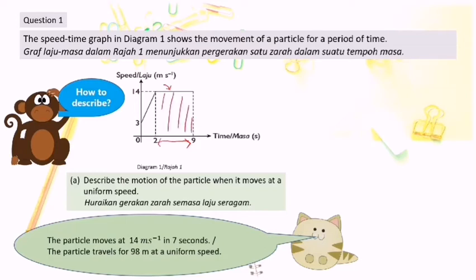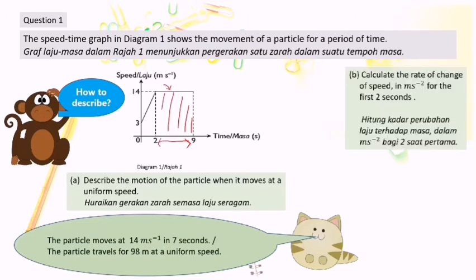Or we can find the distance. Distance is the area under the graph. So 7 times 14 equals 98 meters. So we can write: the particle travels for 98 meters at a uniform speed.